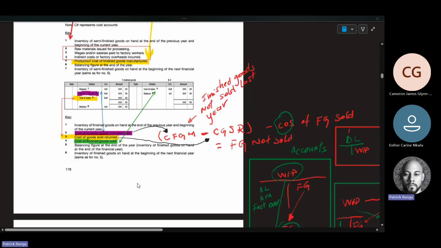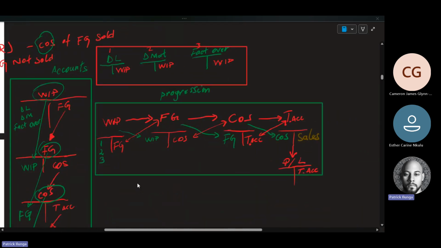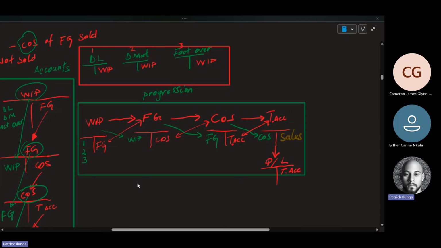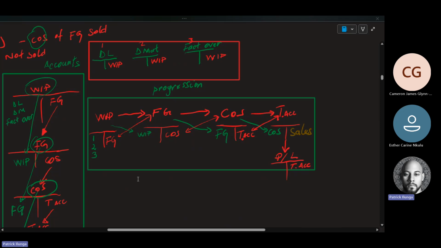All right. And then I provided you this. If it's complicating things for you in any way, I don't want you to feel any complication whatsoever. You have this beautiful progression.